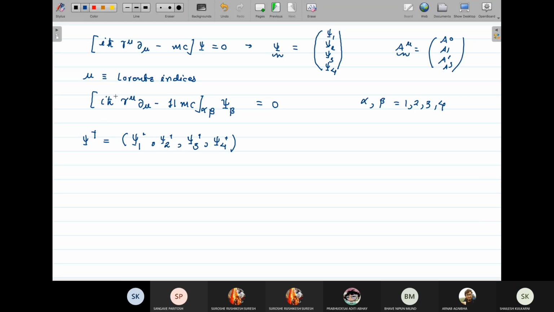Since we are at the beginning level, let me write, instead of this covariant equation, let me go back to our main equation.